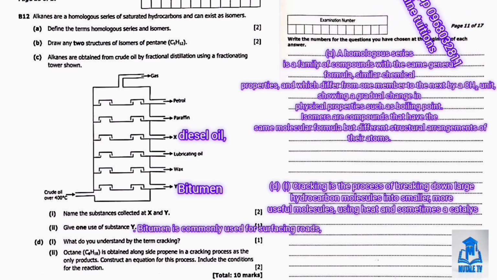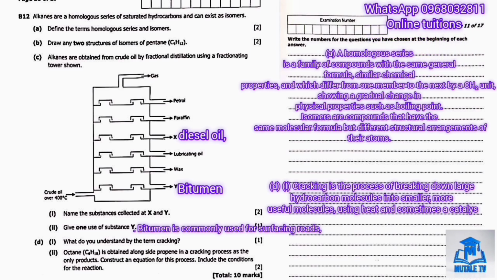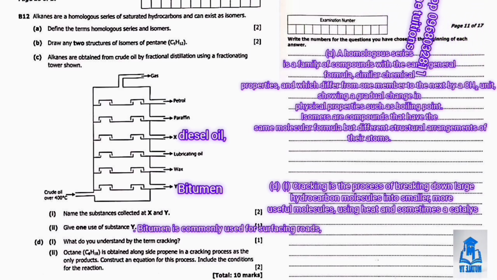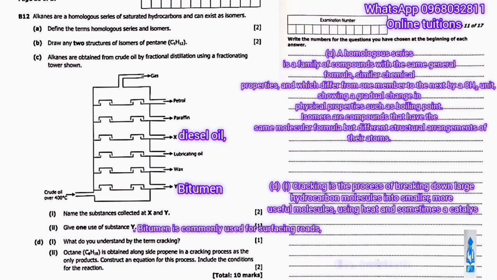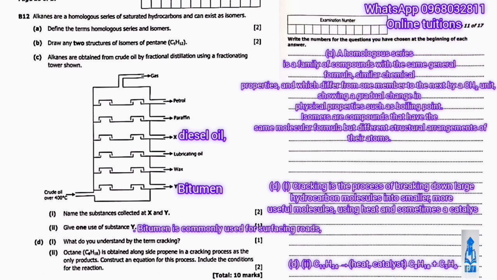Adding these together gives us 18 plus 6, which is 24 hydrogen, matching C11H24 exactly. So the equation is C11H24 gives C8H18 plus C3H6. The conditions for this cracking process are heat and the presence of a catalyst.